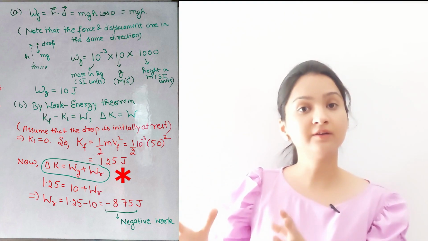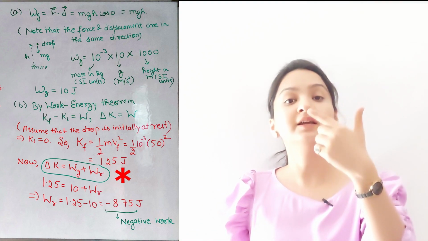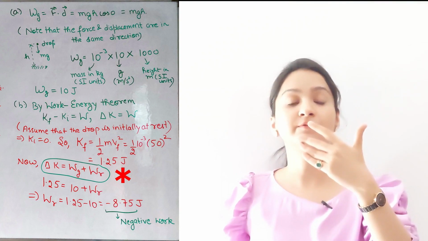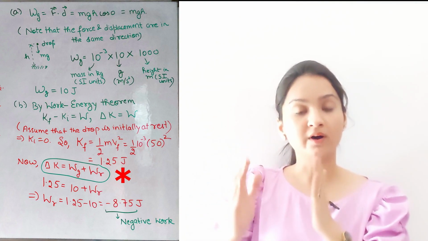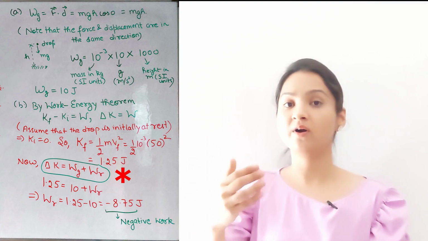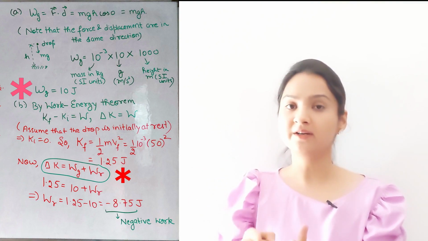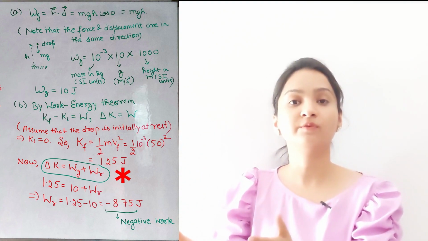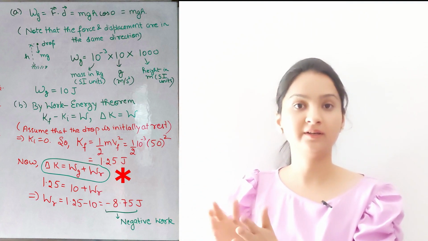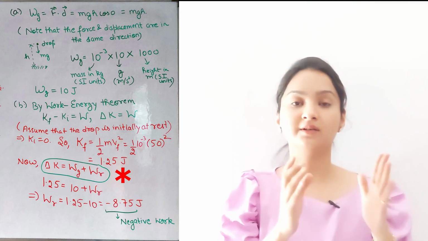And what is the net force? The gravitational force and the air drag, the resistive force acting in exactly the opposite direction. So work done is scalar. Work done by the gravitational force, you got it, positive, plus the work done by the resistive force that needs to be calculated in the present situation will be equal to the change in kinetic energy.